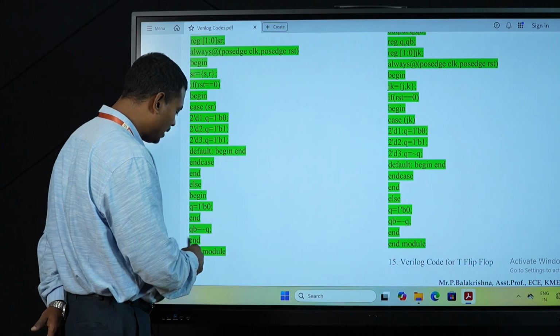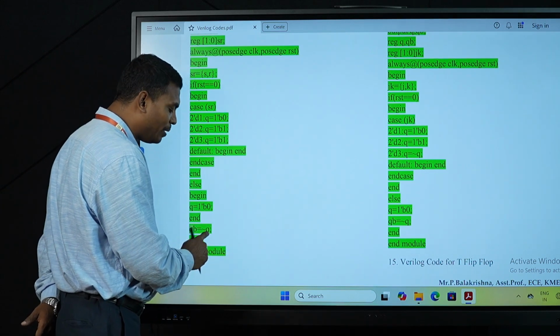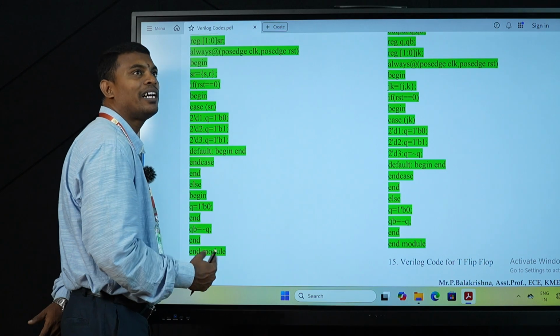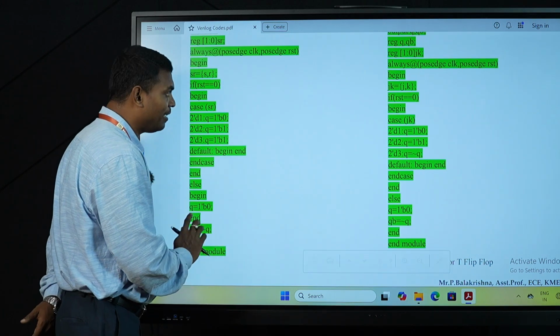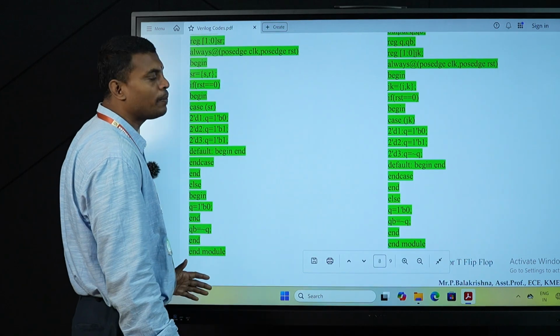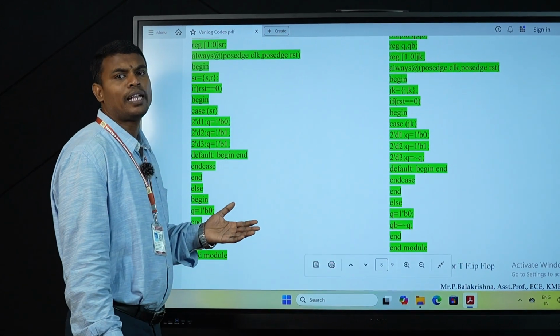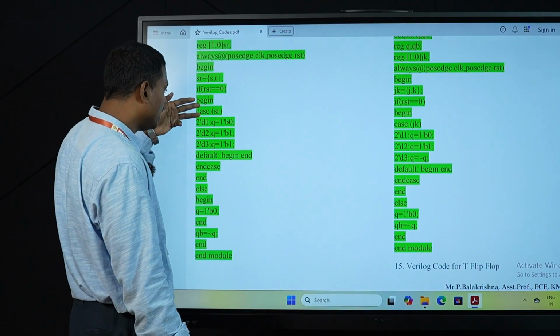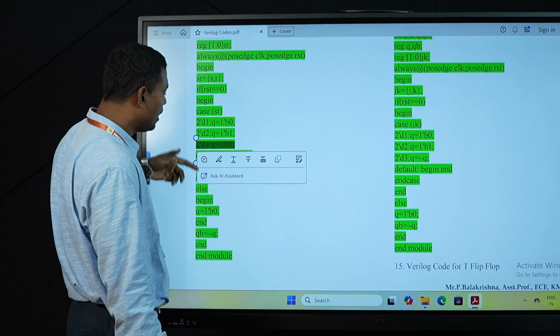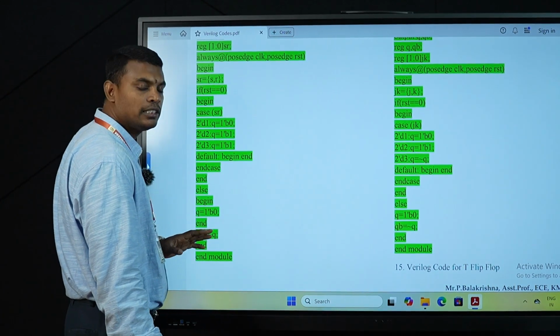I am telling that QB should be the negation of Q, meaning Q bar will always be opposite to the value of Q. I am ending my module. So for this flip-flop operation, you got 4 values, that is 00, 01, 10 and 11. Of all those 4 operations, 3 operations are declared as switch cases and 1 operation is declared as the else operation.